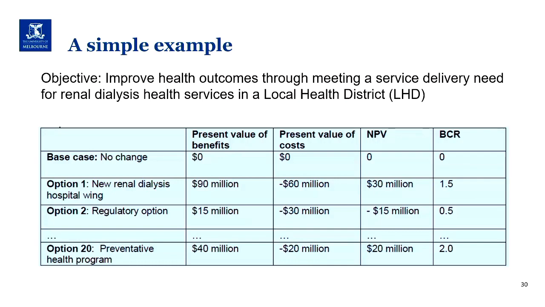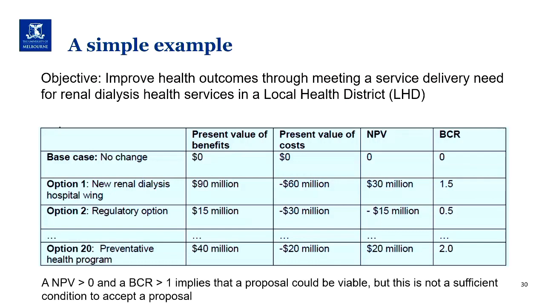So you are going to have this, and then you need to choose which of these options are viable. So can you tell me which ones are viable from here? So the idea is, if you have a net present value above 0, that means that it's viable.